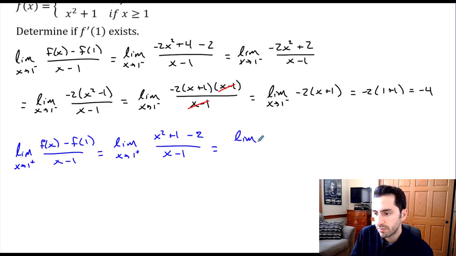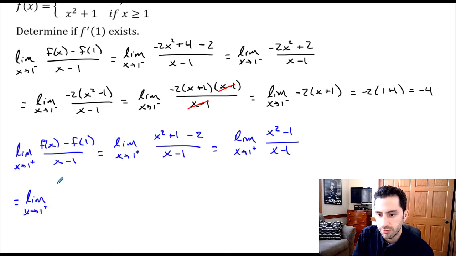Simplifying the numerator, we end up with x squared minus 1 over x minus 1. And again, we have the difference of perfect squares in the numerator, so let's factor that. And we should have something that cancels out again.